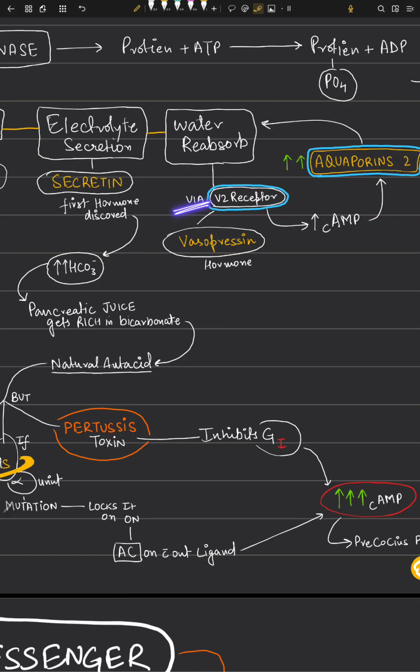V2 stands for water because H2O also has 2. That's how I remember. Via the V2 receptor, vasopressin activates the receptor, cAMP level increases, and that increases aquaporin 2, which results in water reabsorption.